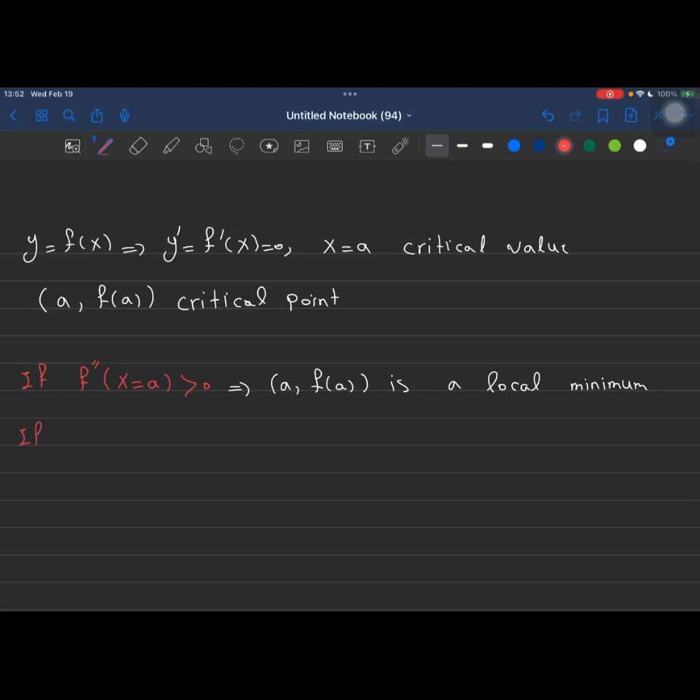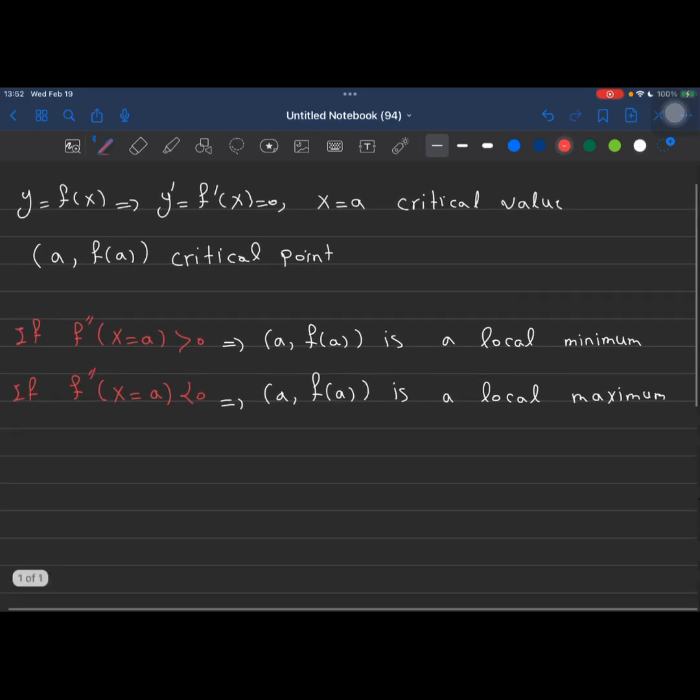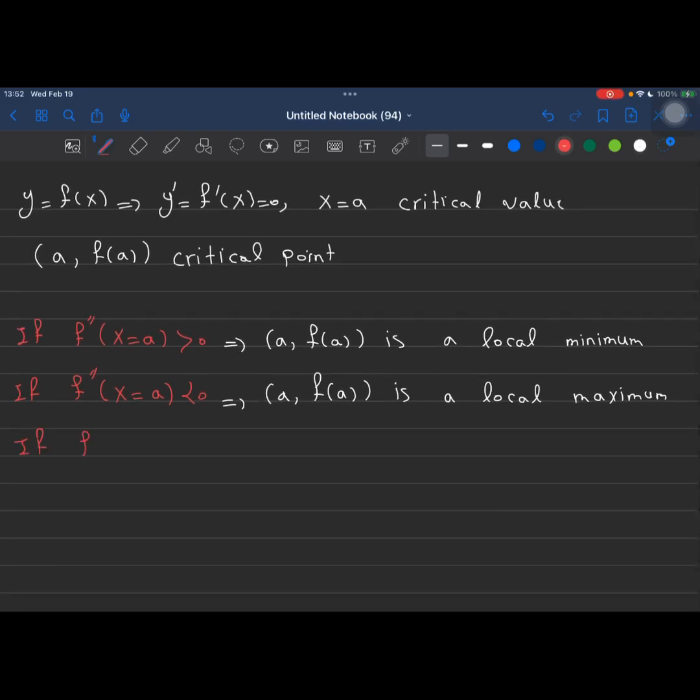And if f double prime at x equal to a is negative, then (a, f of a) is a local maximum. And if f double prime at x equal to a is 0, then the test is inconclusive. So we can't make any conclusions about x equal to a.